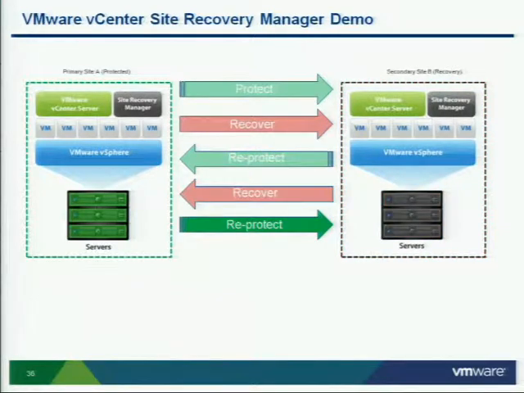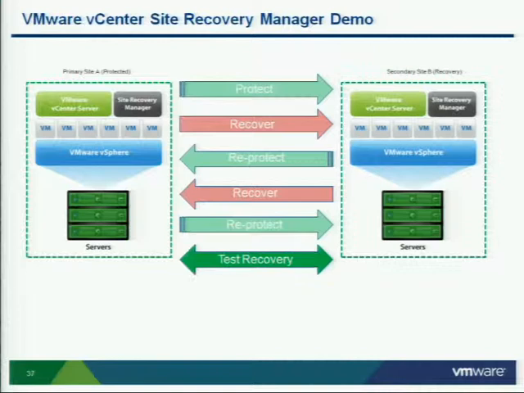And to close the cycle, I will configure protection again by running the Reprotect workflow. And once again, I will have my workloads running on site A protected by virtual infrastructure on site B. And at the end, I will run a test workflow, and I'll demonstrate my VMs running on site A, and I'll have test VMs running on site B.